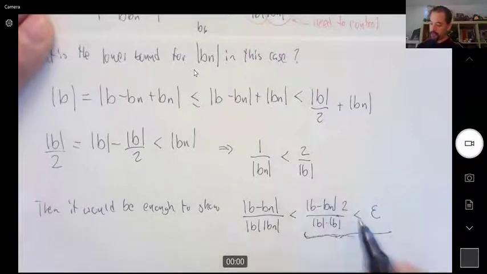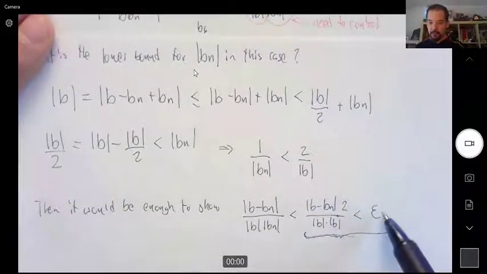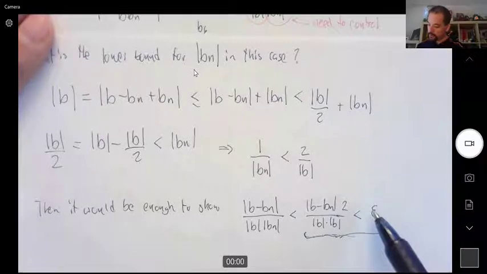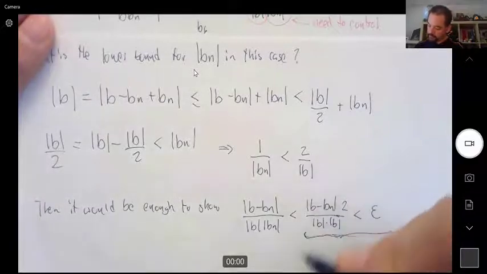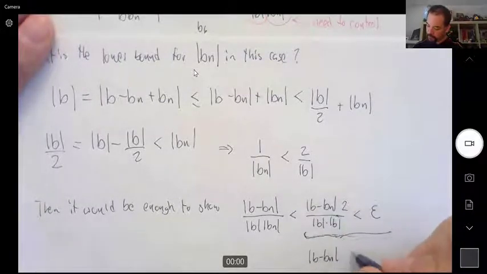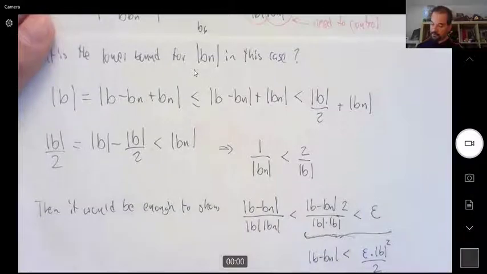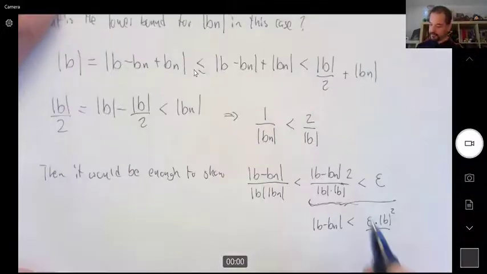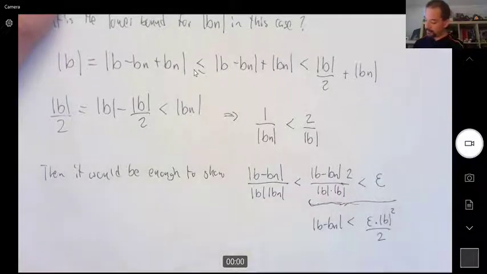And for this, we are set, because now we can pick as our epsilon prime what we need. So we can solve for b minus bn, in other words, and this will make it so that it's epsilon quantity of b squared divided by 2, right? This is the same as this one. And then this suggests what our epsilon prime should be. So we should pick this as our epsilon prime.